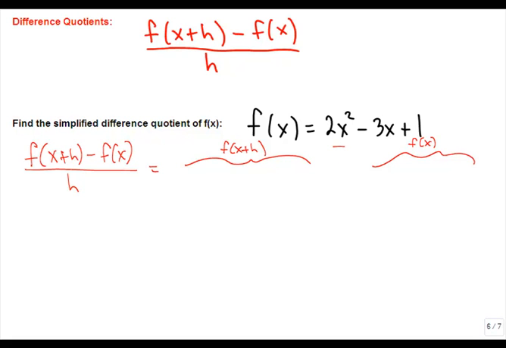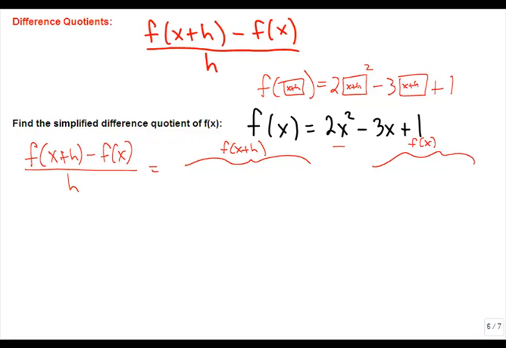So remember that if you are taking x plus h as your input, you are going to substitute in x plus h everywhere that you see x. So if this function has as a rule 2 times its input squared minus 3 times its input plus 1, all we're going to do is put in for that input x plus h using parentheses.